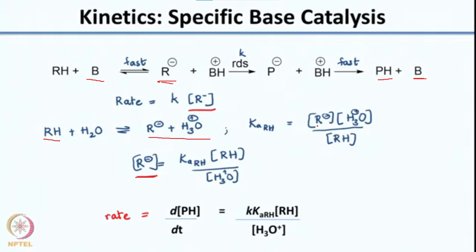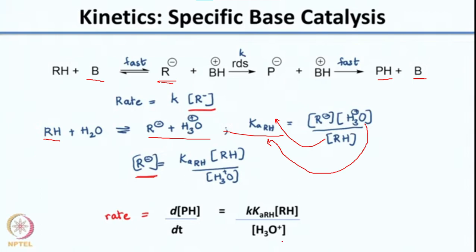Here R minus will remain on this side only, RH will become the numerator and H3O plus will go down to the denominator, right? After getting this R minus value, we will substitute it in our rate equation and we will observe rate equals k Ka of RH times the RH concentration divided by the H3O plus concentration.